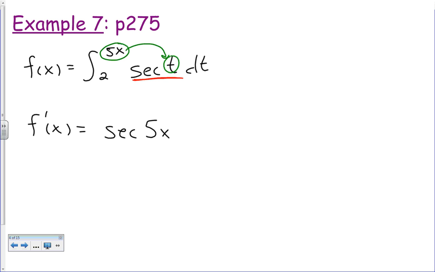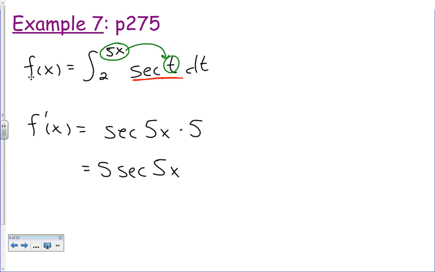It's the function evaluated at the upper bound, which we called h of x in our little proof. And then we multiply by the derivative of the upper bound, which is 5. You can see here is a good example where the upper bound is not just x, it's 5x. It's a function of x. And so this turns out to be 5 secant of 5x is the derivative of function f here.